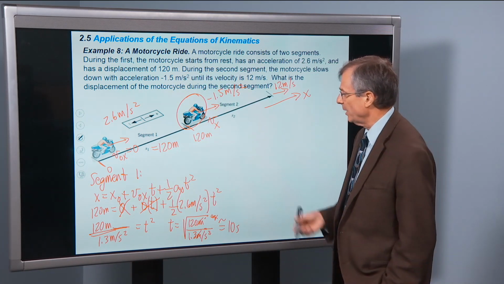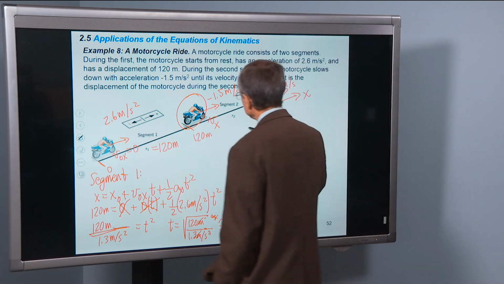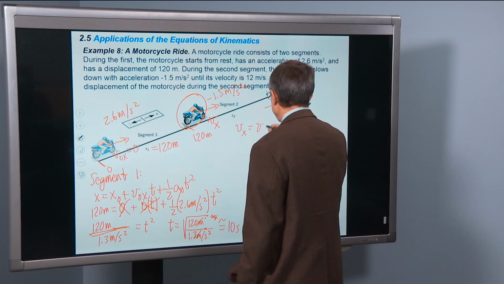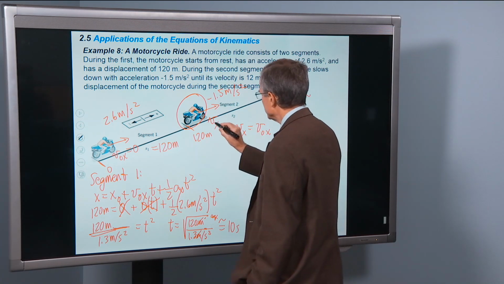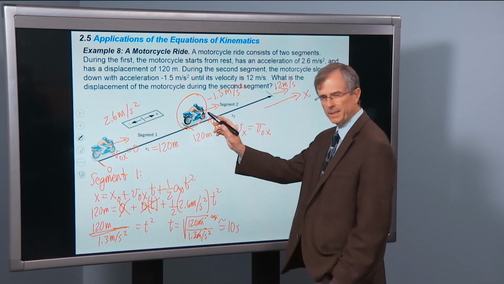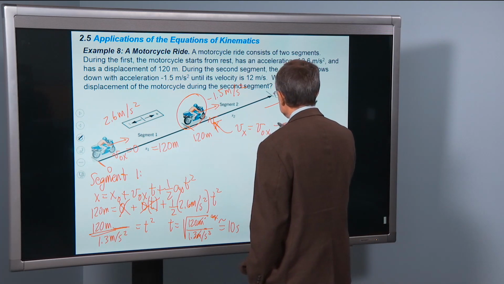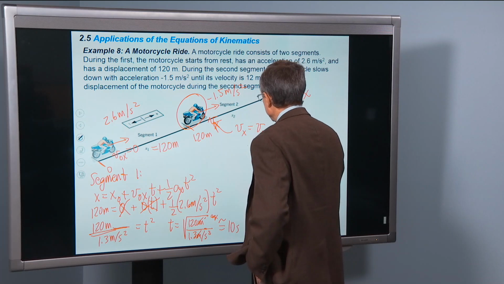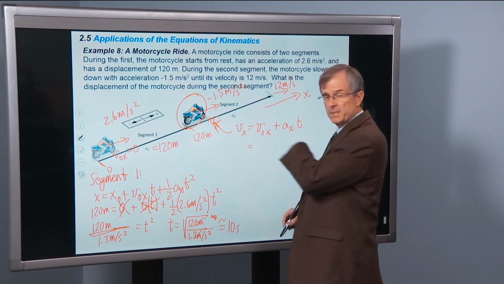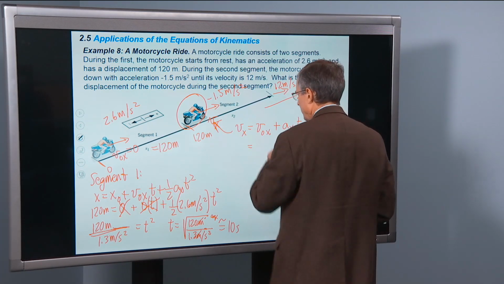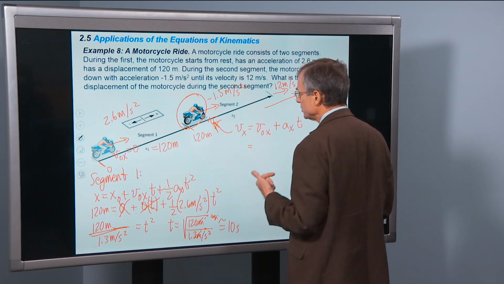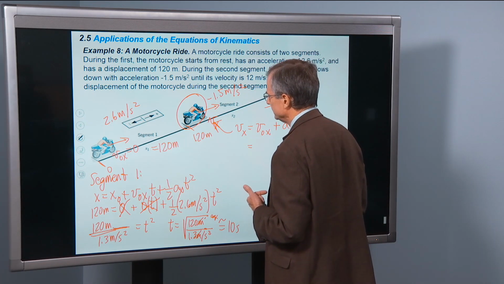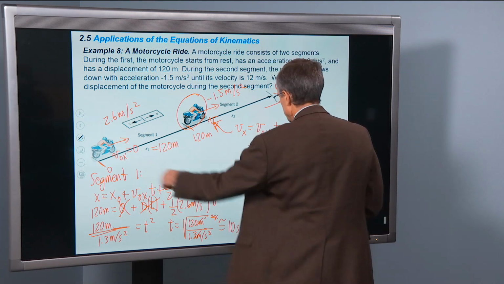Knowing this time now, we can find his velocity here. Let's find his velocity. Vx is v naught x, and we're looking for this velocity right there at that midpoint, plus ax times t. We don't know this velocity. That's what we're looking for. V naught x, the initial velocity, is 0.